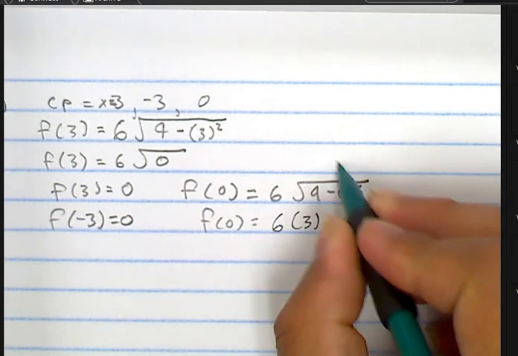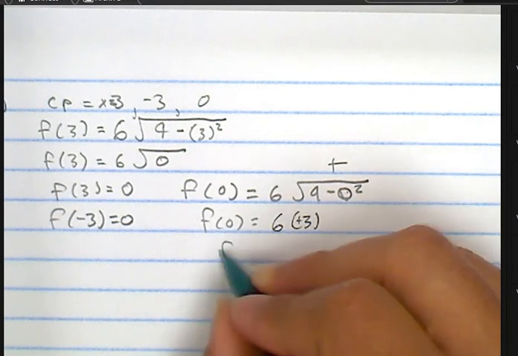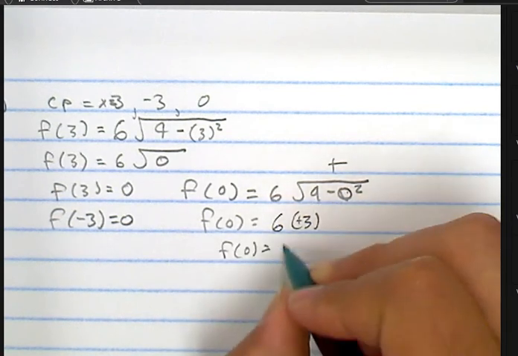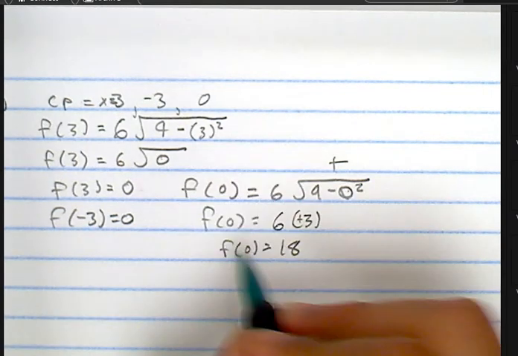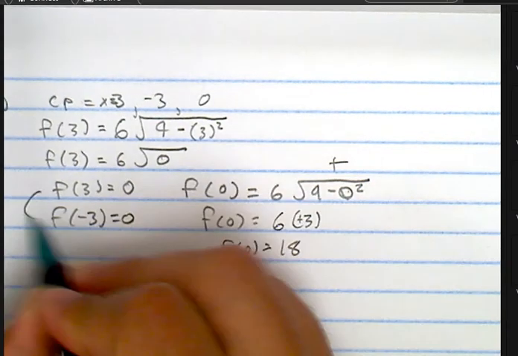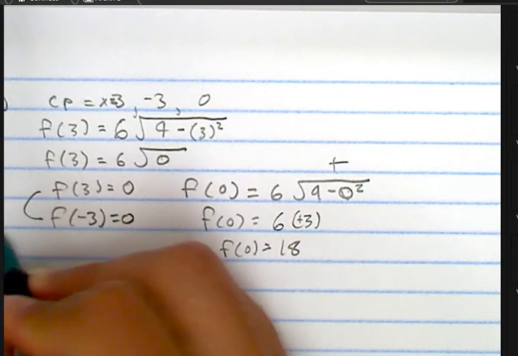Remember, evaluating, always positive. Positive 3. There we go. I got my critical points. Evaluate them. These are endpoints, as you'll see in a minute.